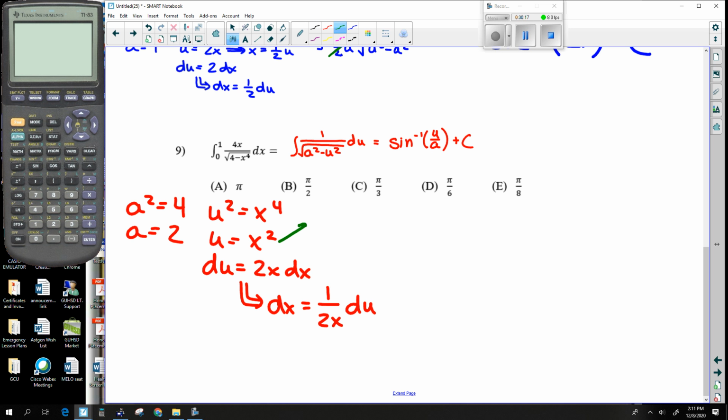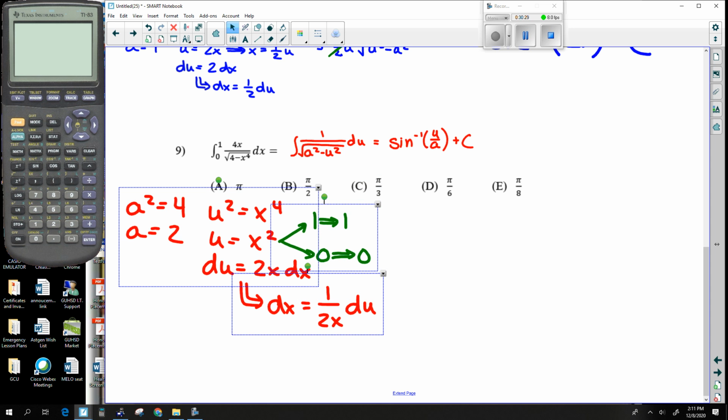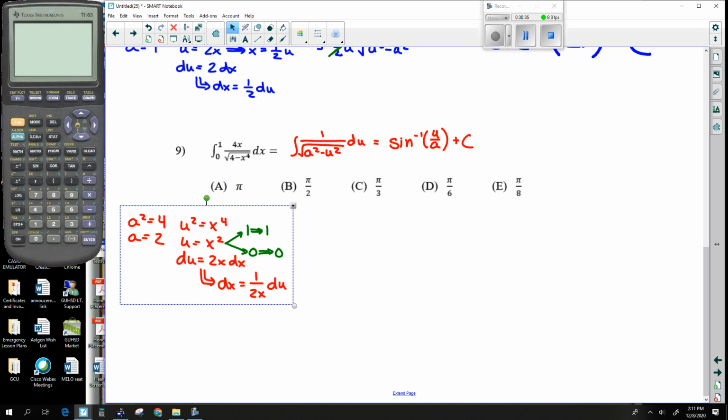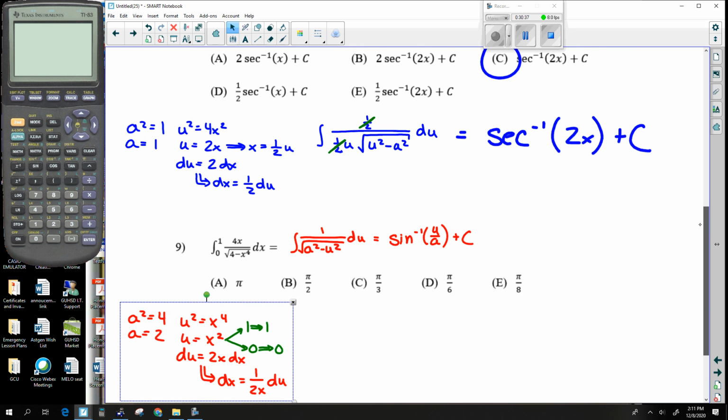Another thing that I'm going to have to do is reevaluate my limit. So 1 going in for x, 1 squared is still 1. 0 going in for x, 0 squared is still 0. Okay, so I have this reevaluated. And so that means this, like I'll go back to my previous example.